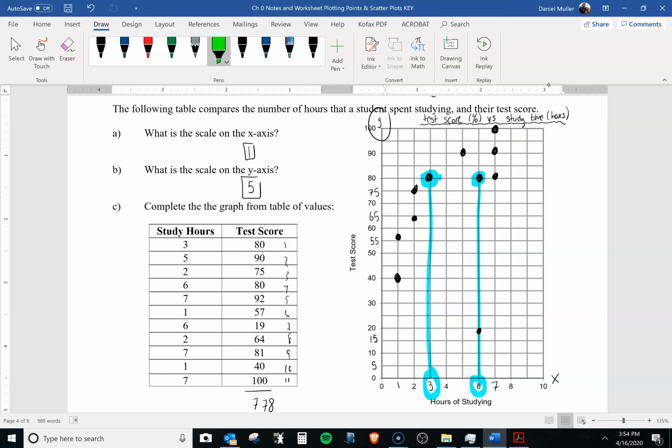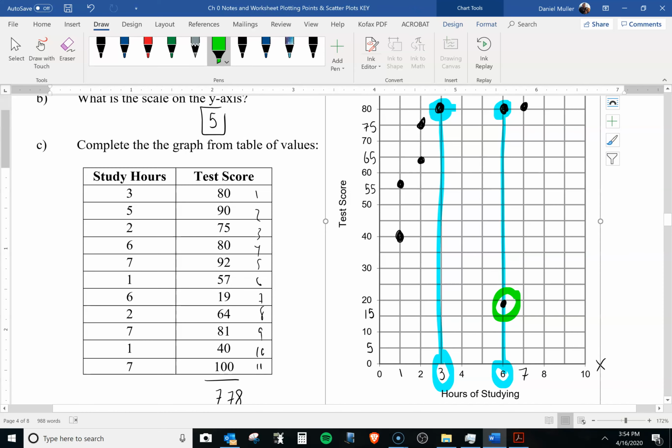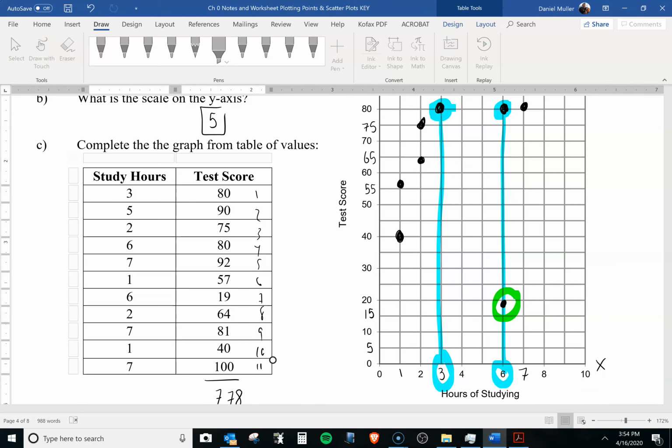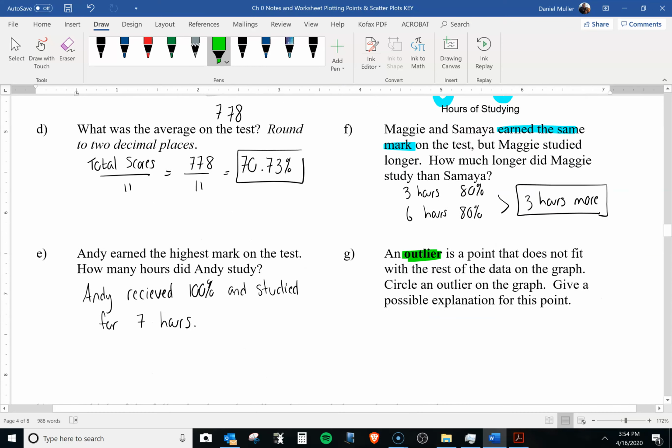So an outlier is one that doesn't follow the trend, and that's the one that's right there. This person spent 6 hours studying and they got, I don't know what that is, like 18%. I guess we should look at the table here and see what we got. So 6 hours of studying, and yeah, they got 19%. So that does not fit with the data, with the pattern.